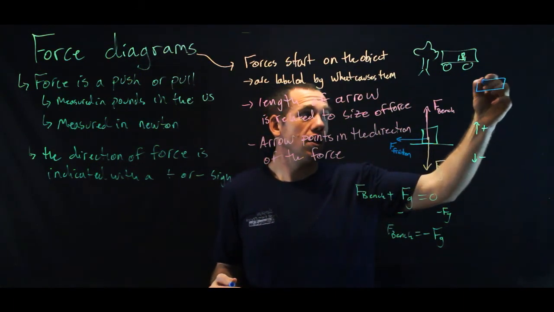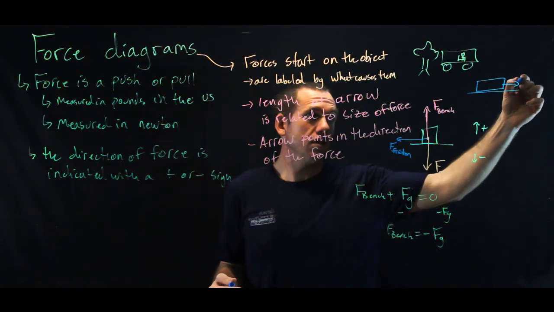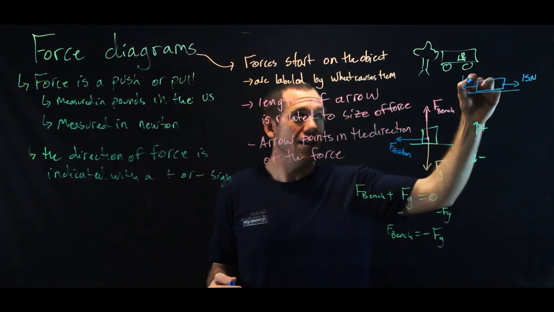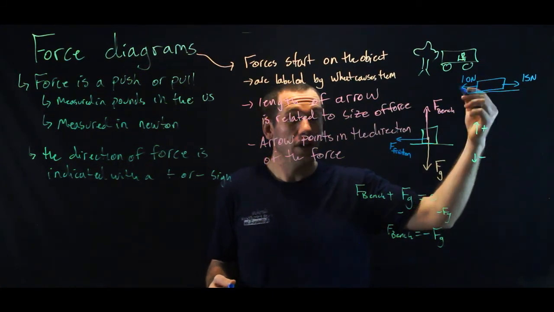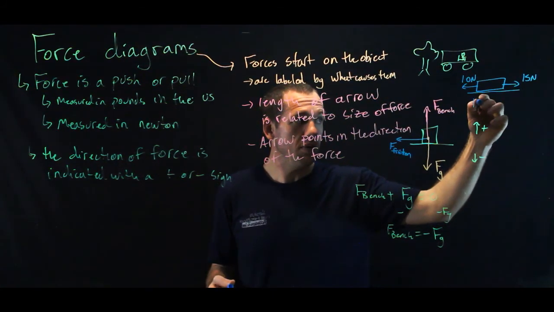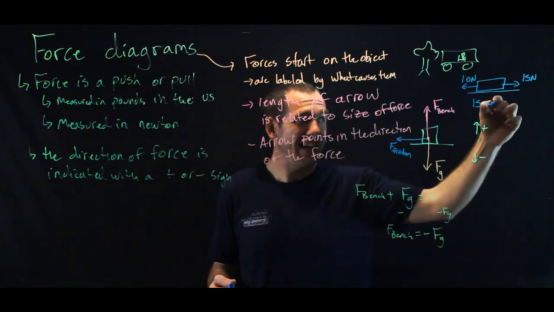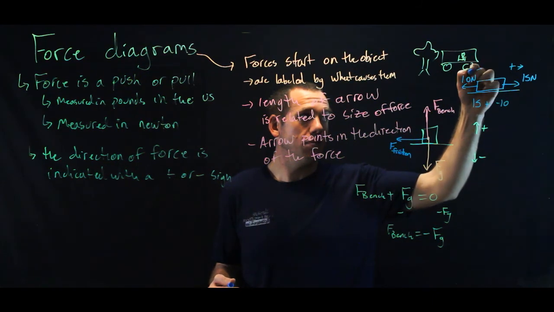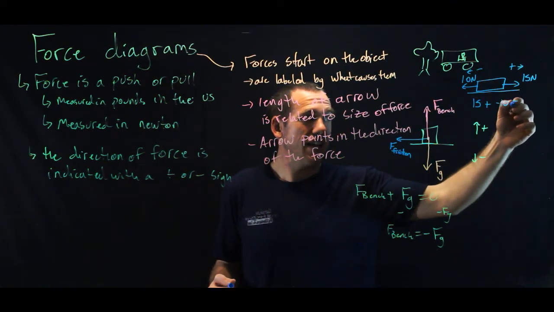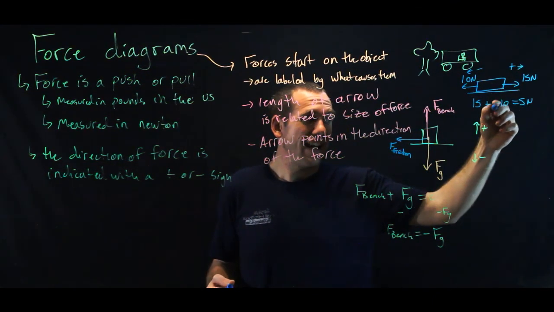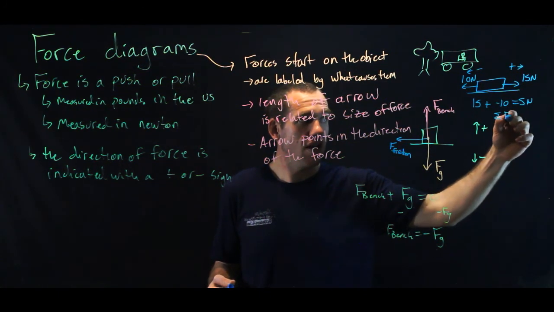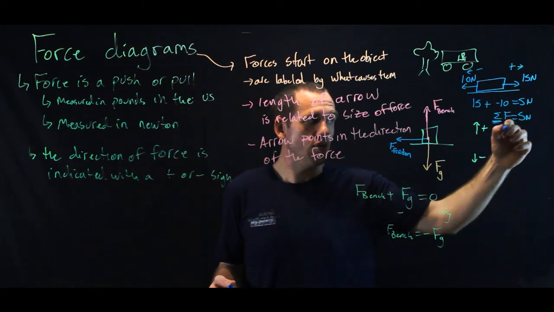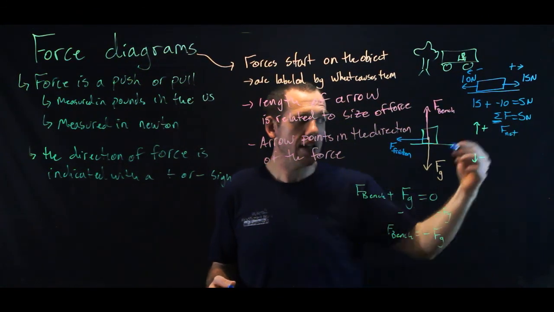Like if we had a box resting on the ground and somebody was pulling on it this way with, say, 15 newtons of force, and somebody pulled back on it that way with, say, 10 newtons of force, then what we call the net force, the total force, would be 15 plus a negative 10, negative because I chose positive to be that way, and negative would be the opposite of that. 15 plus negative 10 is 5 newtons of force. And so what we call the net force, or the sum of the forces, that's the summation sign, is equal to 5 newtons.